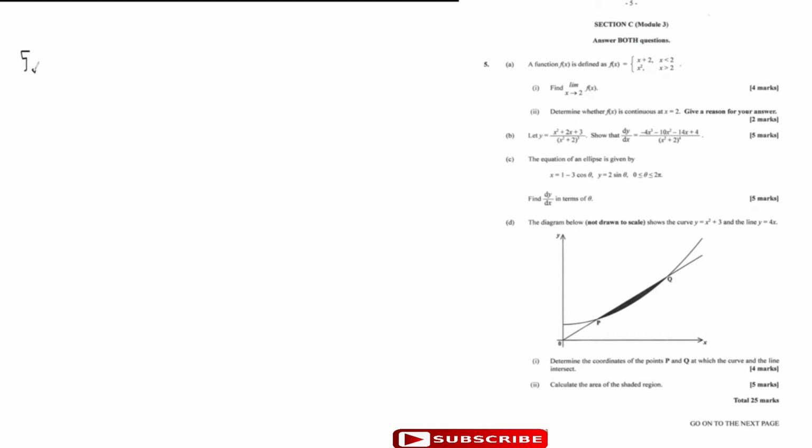Question 5 says, a function f of x is defined as f of x is equal to x plus 2 when x is less than 2, and it's equal to x squared when x is greater than 2.